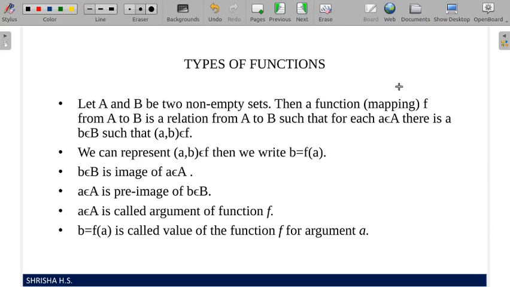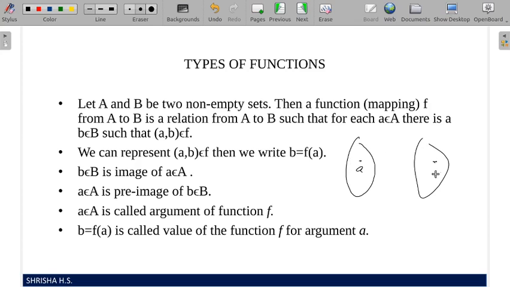Now there are some naming conventions for this. Element B is an image of element A, which belongs to set A. Element A is a pre-image of element B. Let's write a diagram here.